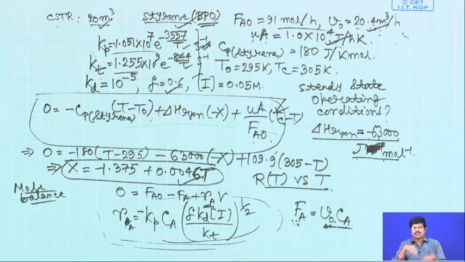You have allowed the temperature to rise to a certain extent, the difference being T minus T0, T being the reactor temperature and T0 being the temperature at the inlet. Then you are maintaining this difference in temperature by taking away the heat from the reaction mixture using a heat transfer fluid. That is the idea. So, you are operating in a situation where the temperature of the reaction mixture is higher than the temperature of the inlet, so this particular situation is not your adiabatic situation, because you are taking away heat.